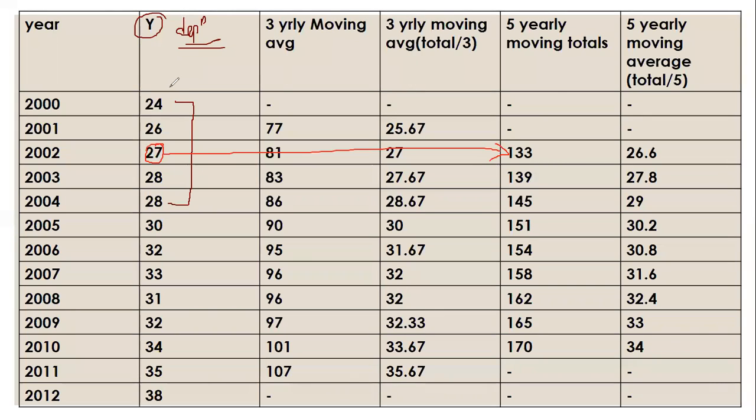Okay, so for 5-yearly moving average, the first 2 columns will be left blank, and then we will start because we are going to calculate the total of 5 values and write the total in the central value column. Understood?